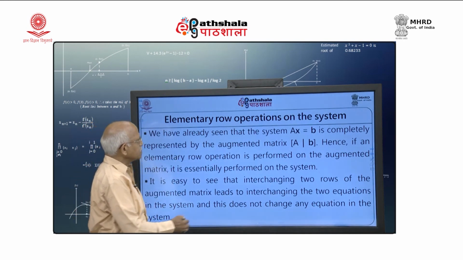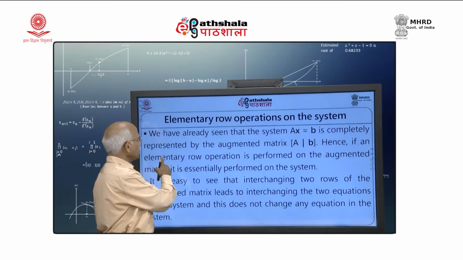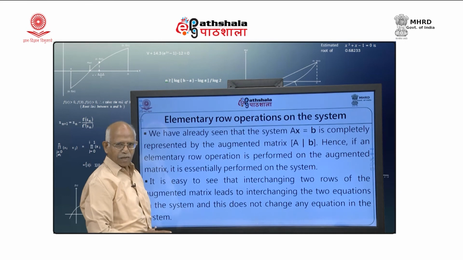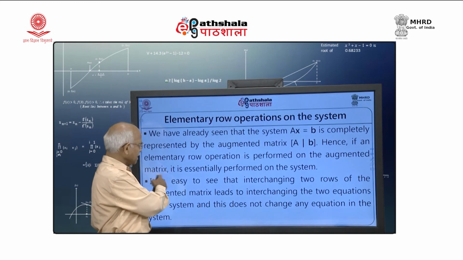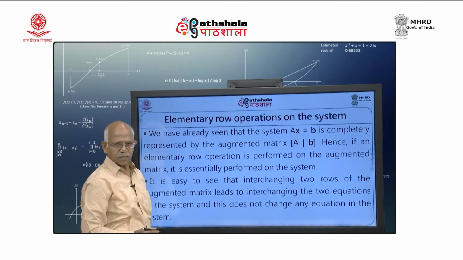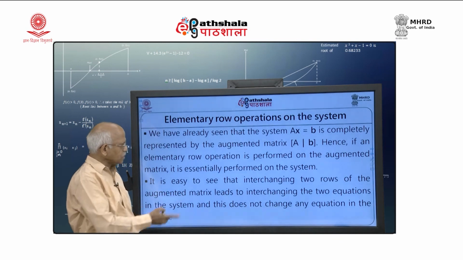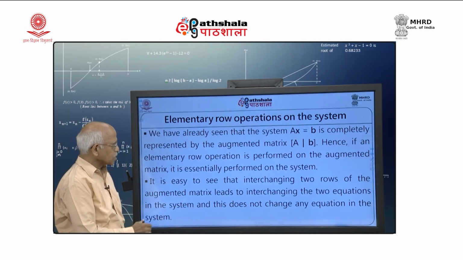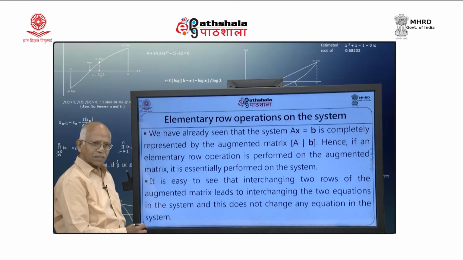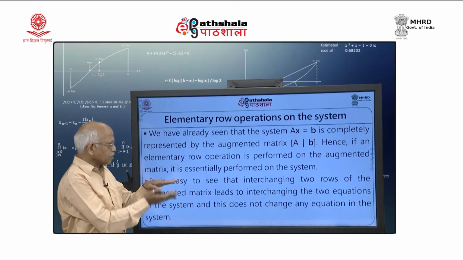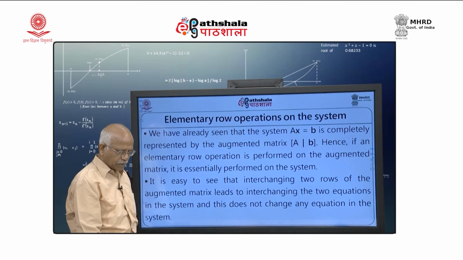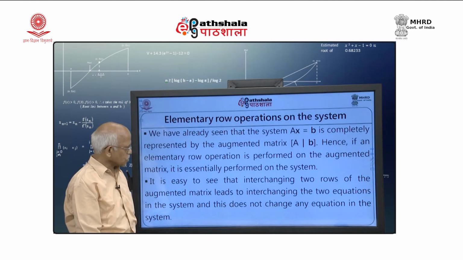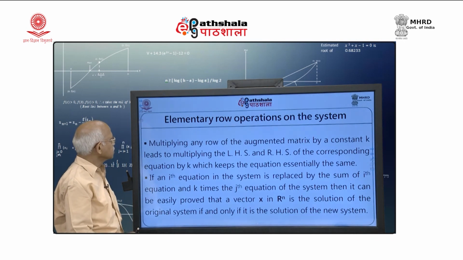We have already seen that the system A x bar equal to b bar is completely represented by the augmented matrix [A | b bar], and hence if an elementary row operation is performed on the augmented matrix, it is essentially performed on the system itself. It is easy to see that interchanging two rows of the augmented matrix amounts to interchanging two equations in the system, and this does not change anything in the system, so the solutions remain the same.